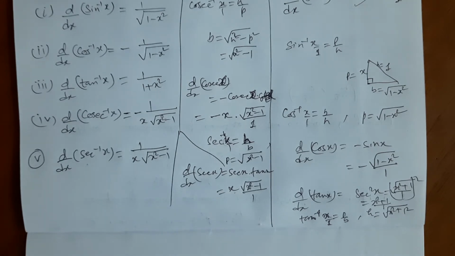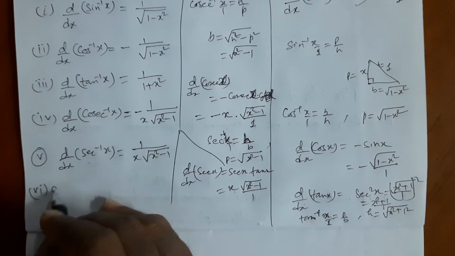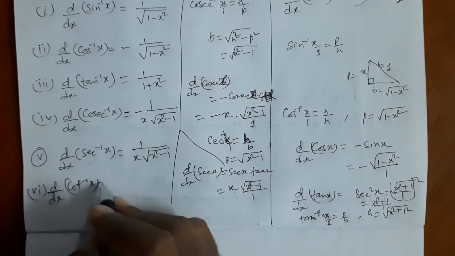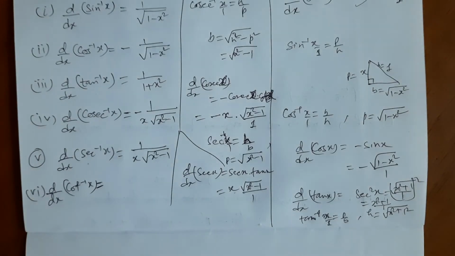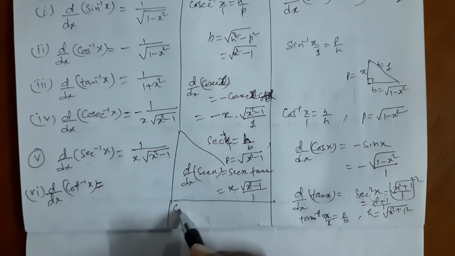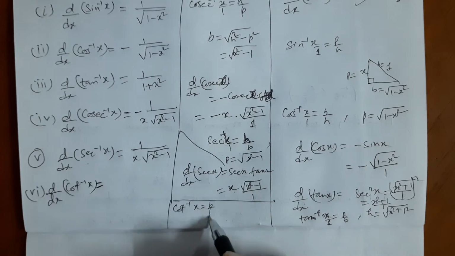Okay, sine, cos, tan, and cosec, sec inverse x. Let's look at the derivative of cot inverse x as well. For this also we will take help of cot x. So in this cot inverse x, this is b over p.